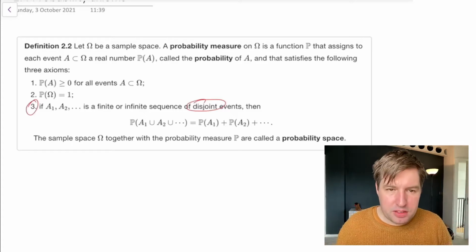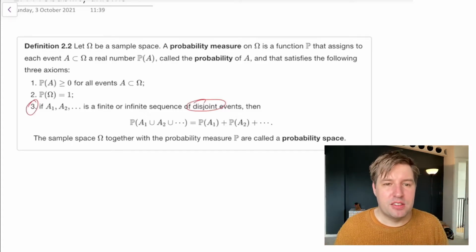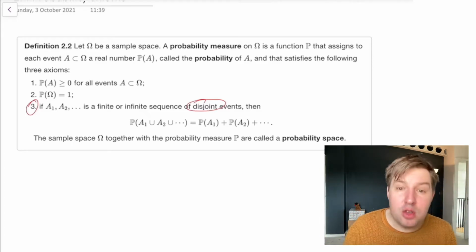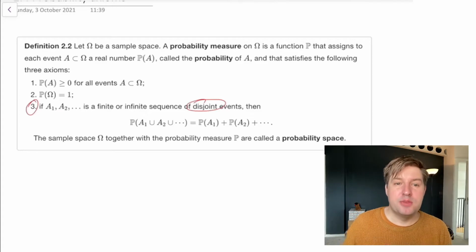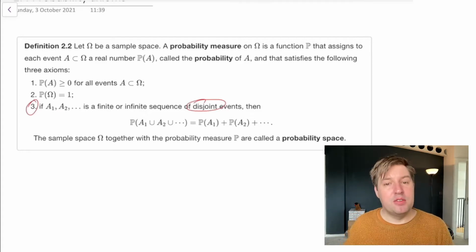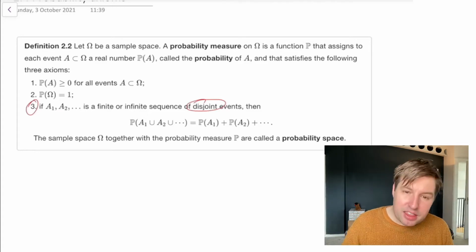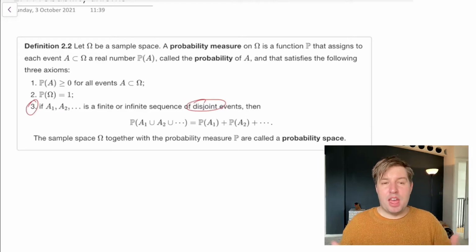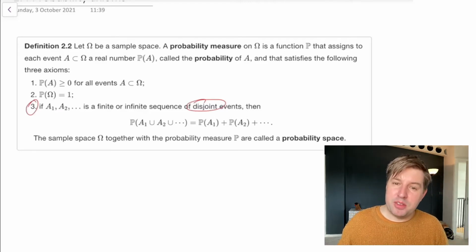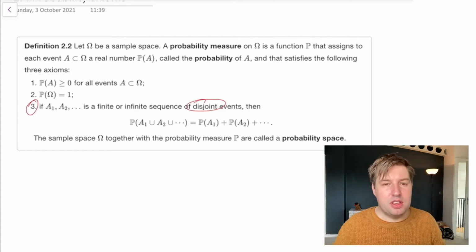At most, one of these events can happen. And if that's true, if they're disjoint events, then the probability of their union, that is the probability that one of them happens, is equal to the sum of the individual probabilities. And again, that might be a finite union and a finite sum of probabilities, like probability of A1 union A2 equals probability A1 plus probability A2. Or it might be an infinite union and an infinite sum.